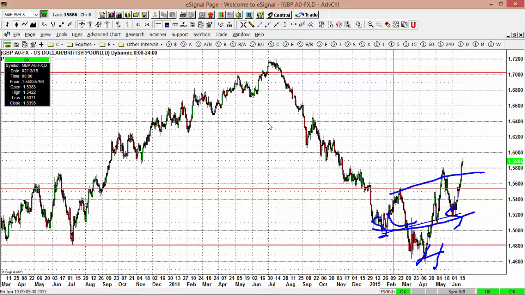It's not straight, but it's kind of tilted to the right.